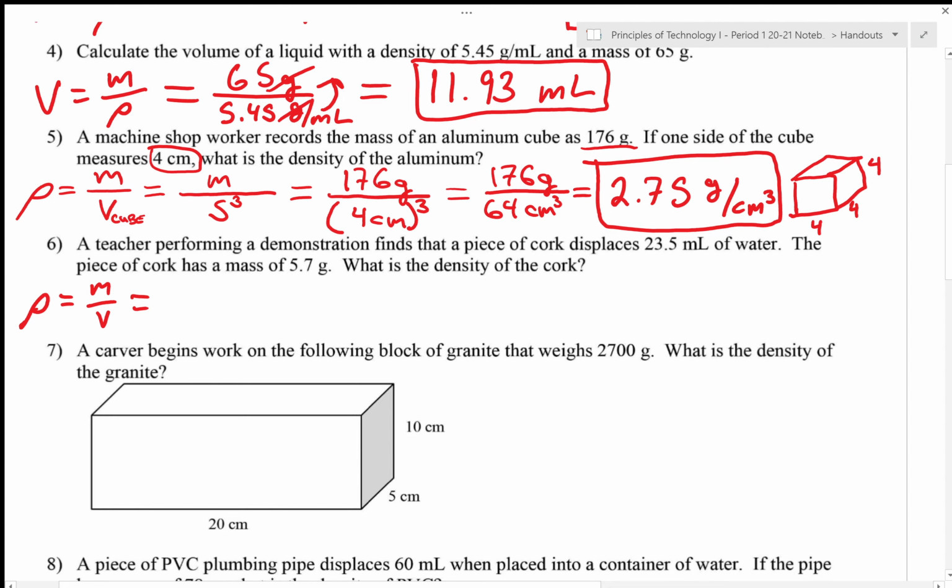No. The mass is given as 5.7 grams, and the volume is 23.5 milliliters. To find the density, we're going to divide 5.7 by 23.5, and we're going to get 0.24 grams per milliliter.